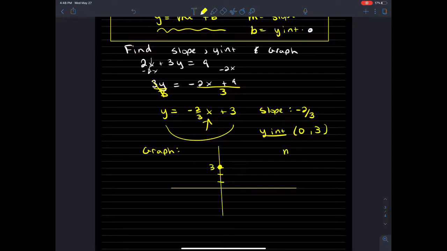So since my m is minus 2 over 3, remember it's y over x, rise over run. Rise over run, which is your rising 2, -2 actually. 1, 2, running 3. 1, 2, 3, which gets me to the point 3 to the right, 1 up.